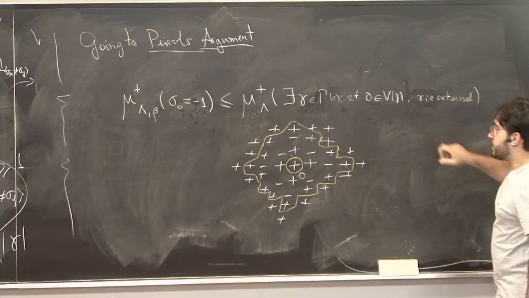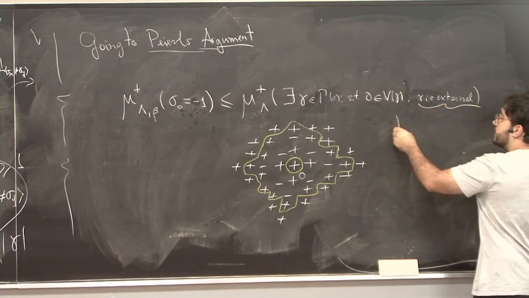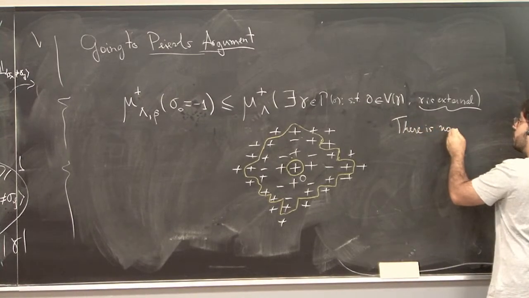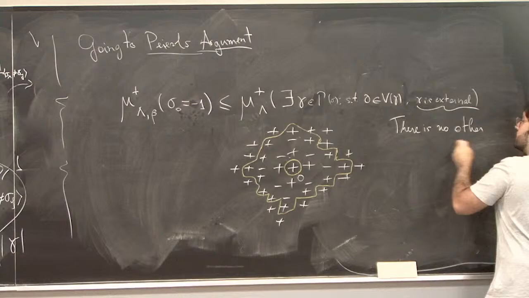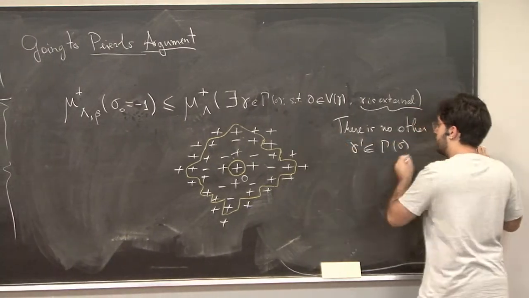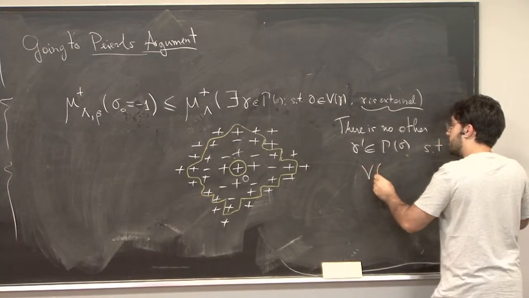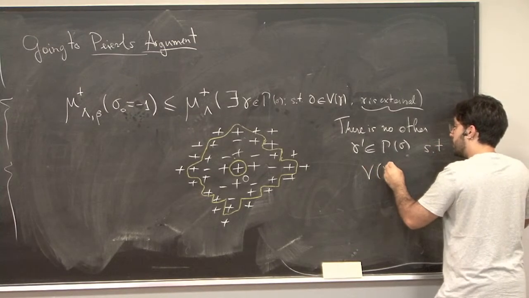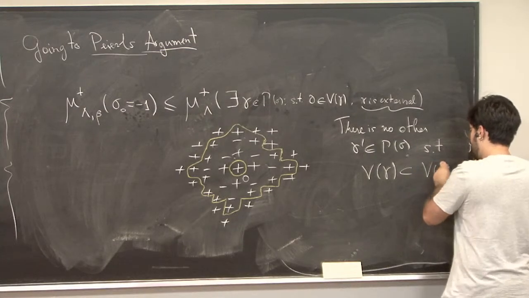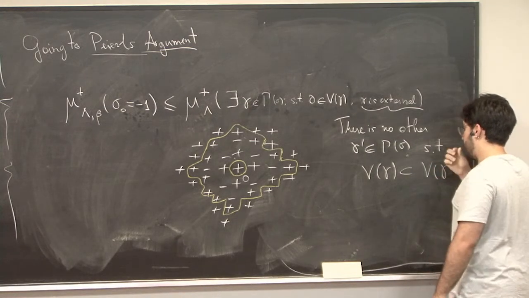External means that there is no other gamma prime inside this family such that V gamma is strictly contained in V gamma prime.